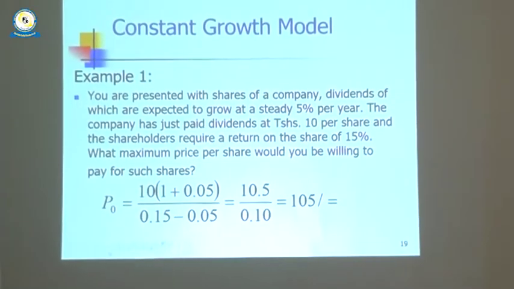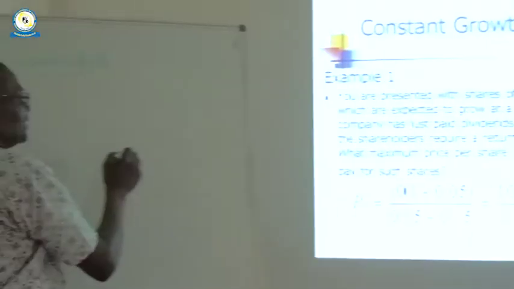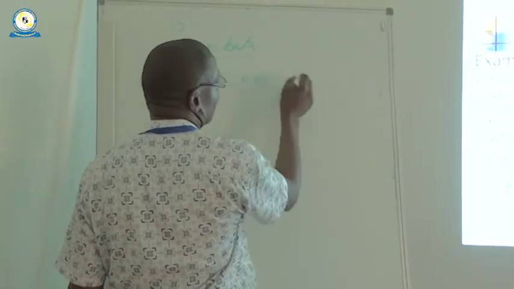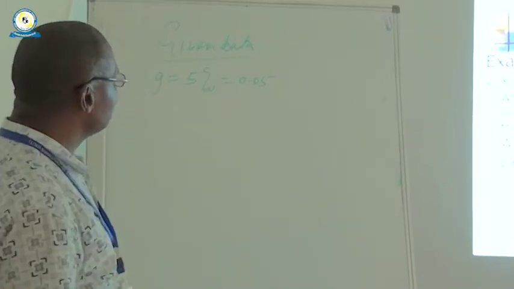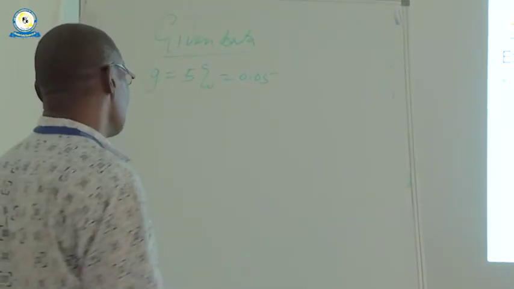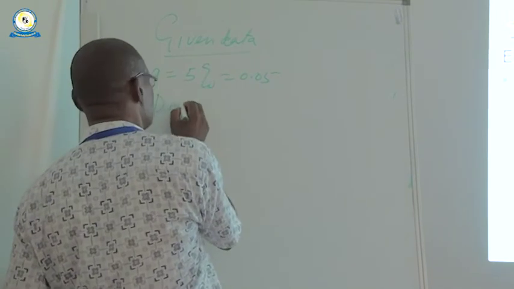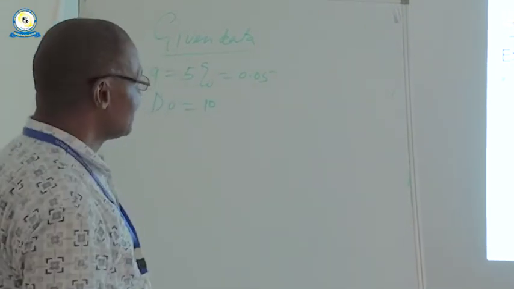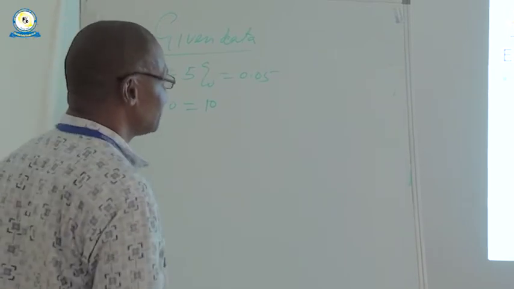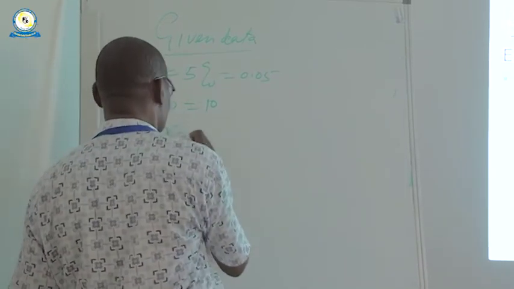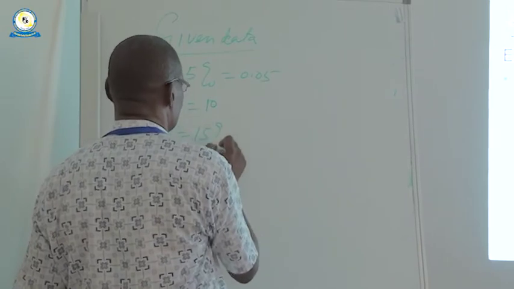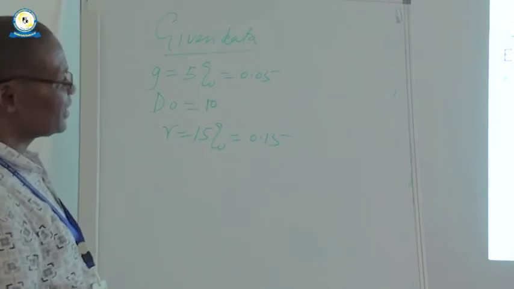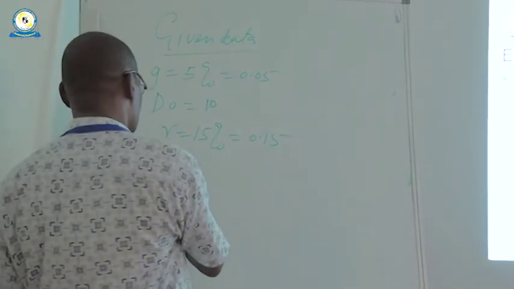So you are given growth rate G is equal to 5% or 0.05 per year. The company has just paid dividend. This is D0, which is equal to 10. And the shareholder required rate of return is 15%, R is equal to 15%, or 0.15. Now you are asked to find the price of the share.